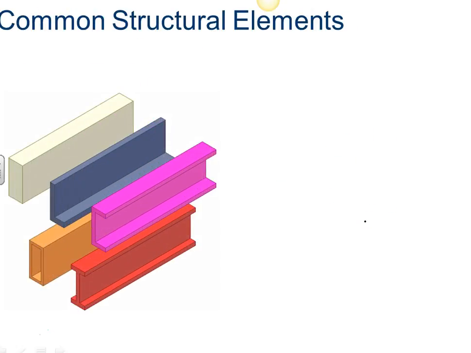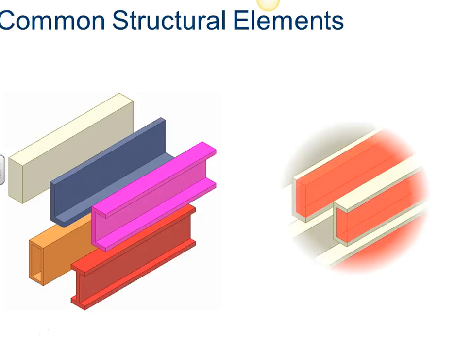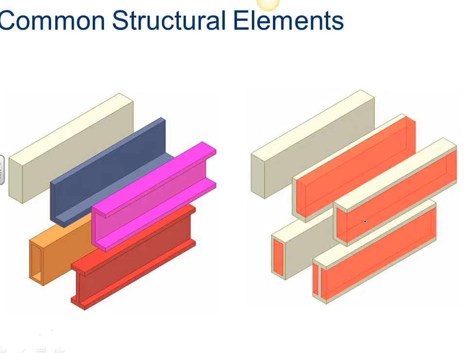Some common structural elements that we use in building have some fairly common shapes. You can see here that we've got a typical beam. And then we also have other structures such as an L shape, C shape, I-beam, or a box. These tend to be areas, if you think about it.